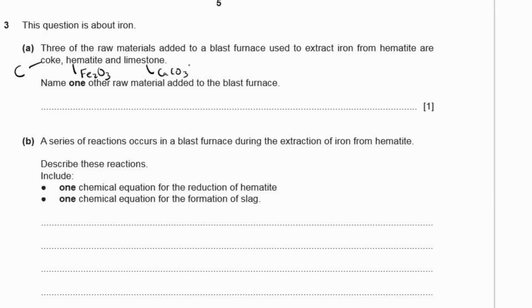Name one other raw material added to the blast furnace. The other material is hot air. It doesn't really sound like a material, but it's absolutely essential. Without the hot air, you wouldn't get the reactions you need. And it's not just heating, you need the air, the oxygen. Okay, good.